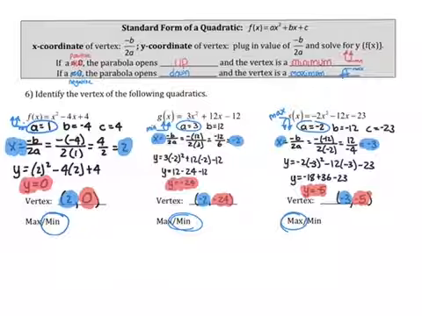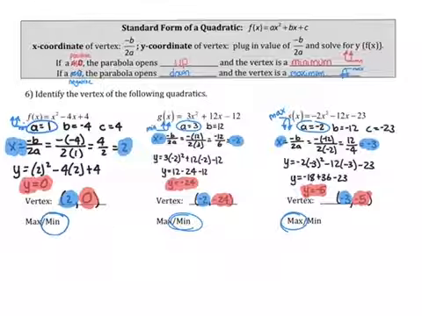Okay, so that's how you would find your vertex, the max-min of your standard form equation for a parabola. You're going to need that -b over 2a to find the x value of your vertex, and then plug that back in to get the y value. Hopefully you got the same answers I did for the second and third problems on this page. Alright, so let's move on.